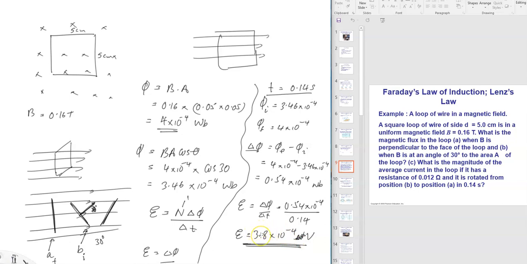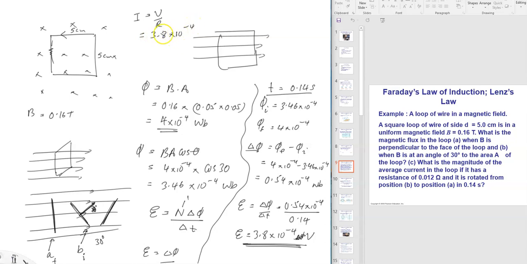It's asking for the current. To find current, we need to know the resistance. In this case, you can say there's a resistor in this coil. So when there's voltage, there will be some current because there's a resistor, right? So how do you find the current? It will be V over R. 3.8 times 10 to the negative 4.